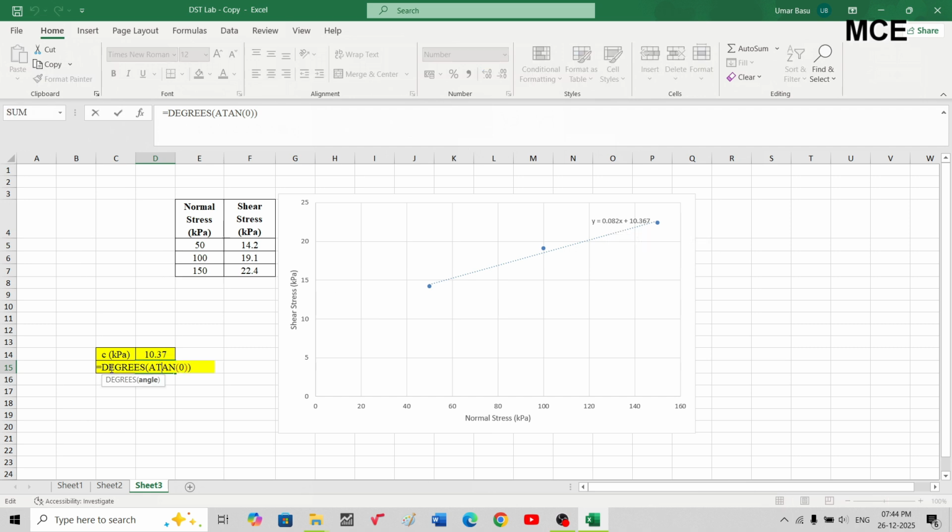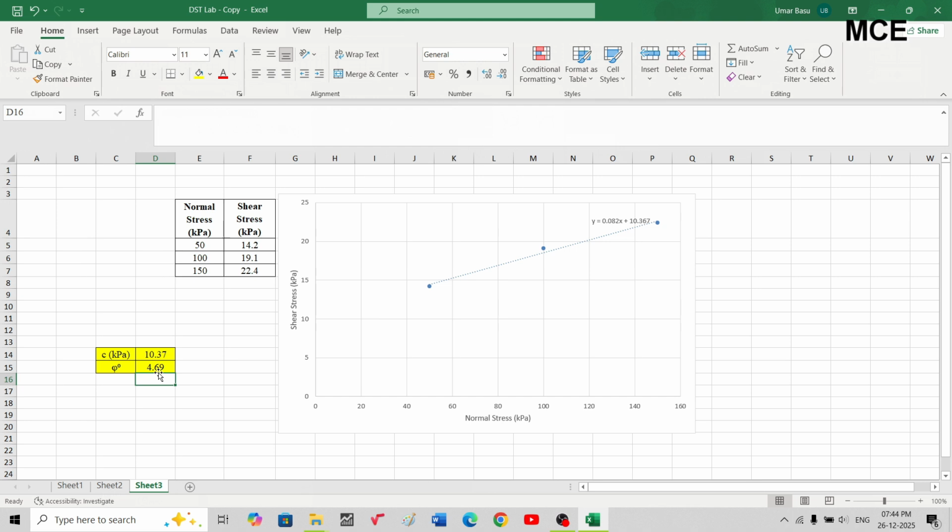In Excel you will write equal, then degrees, then bracket, then atan, that is tan inverse, then write the value which is 0.082, close the bracket and press enter, and it will give you the value of the angle in degrees, which is 4.69 degrees. So for my soil the value of cohesion is 10.37 and the value of phi is 4.69 degrees.